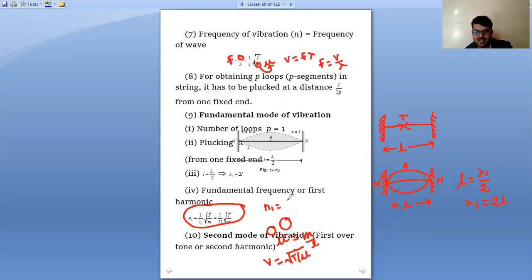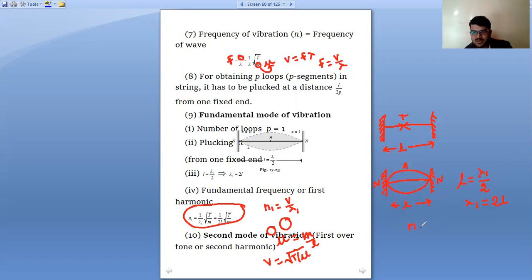N1 is equal to v by lambda 1, isn't it? The general formula is f is equal to v by lambda. When we are trying to find the fundamental frequency, you get one node here, the middle is antinode. So what is the distance here? Node to node, lambda by 2. That's why L is equal to lambda 1 by 2, and that implies lambda 1 is equal to 2L.